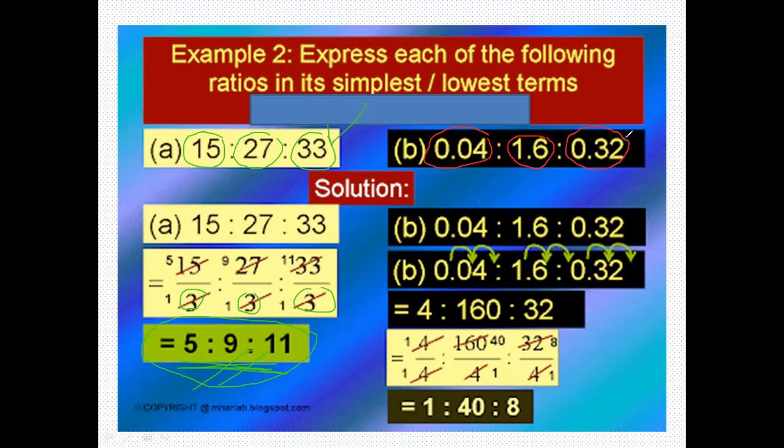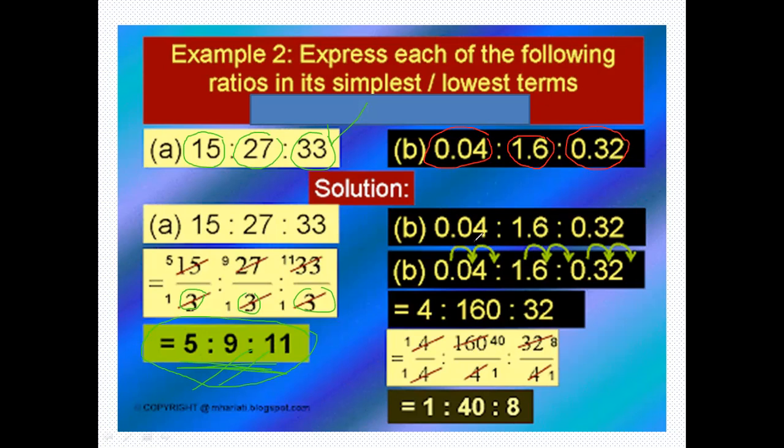We said that we will convert it into a whole number, just like a fraction. A fraction should be converted into a whole number before we convert that into a ratio.